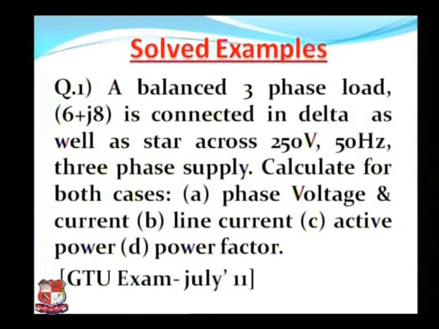This is our given input voltage with a frequency of 50 hertz. Now we have to find, for both cases, the phase voltage and phase current, line voltage and line current, the active power P, and the power factor for both the star and the delta connection. This may be asked in your July 2011 paper.